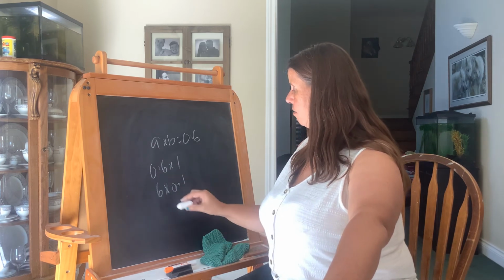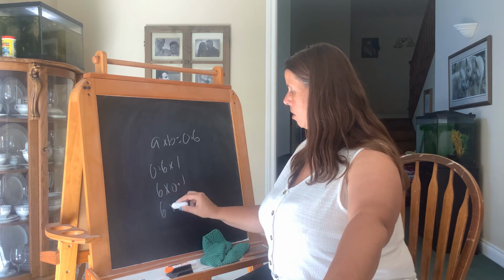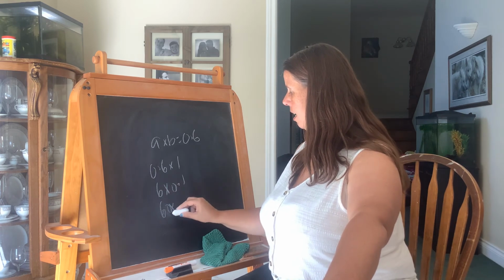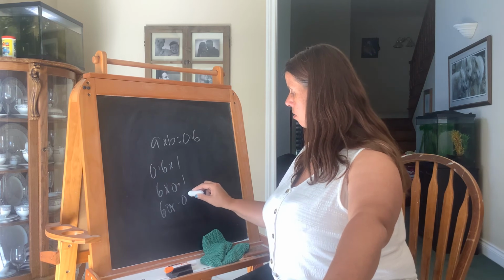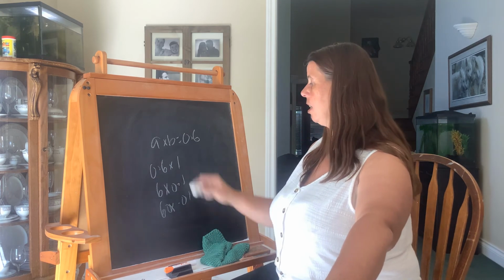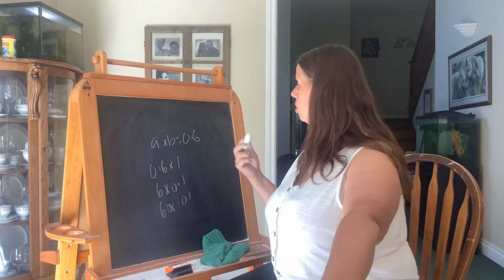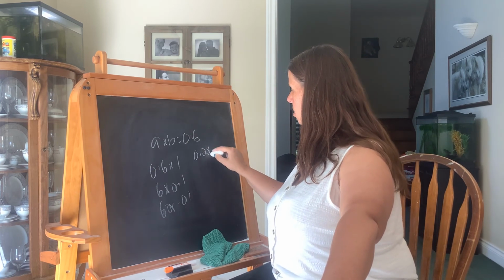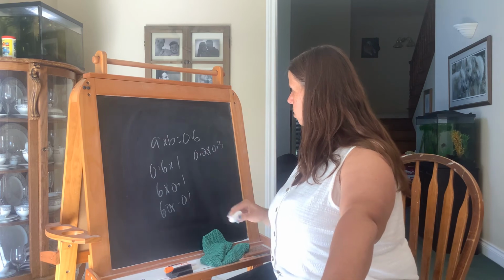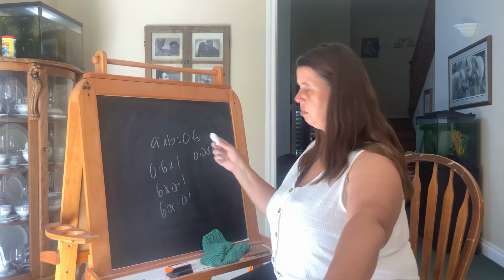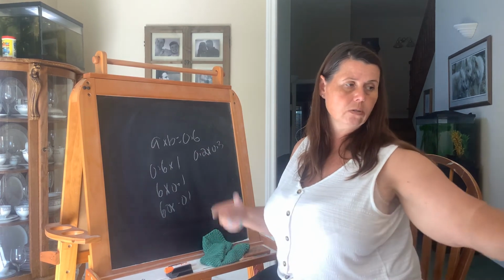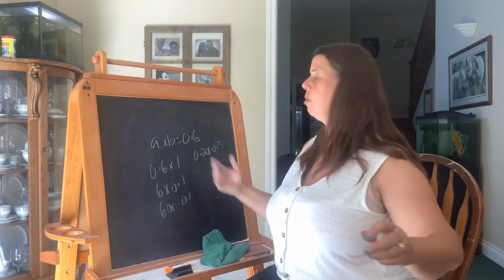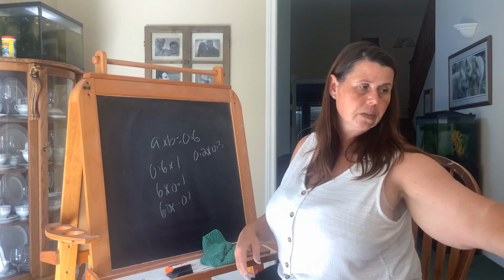We could have 60 times 0.01. There's tons of things you could do with tenths. You could also have 0.2 times 0.3. 2 tenths times 3 tenths would give you 6 hundredths. There's a million things you can do with that, okay? So go shoot for 2 on your own, beyond what I did, okay?